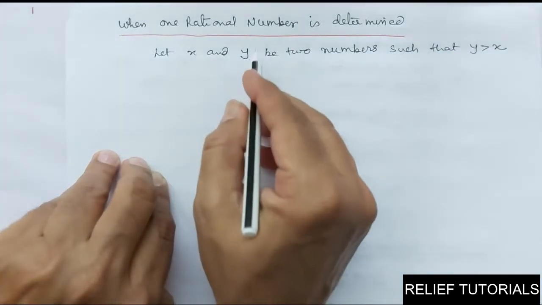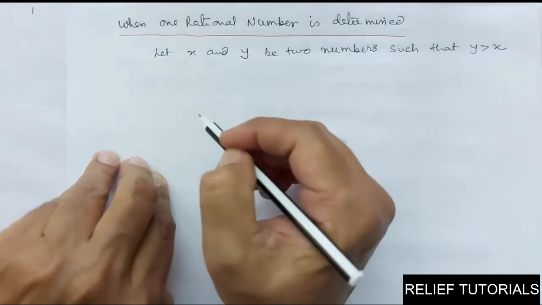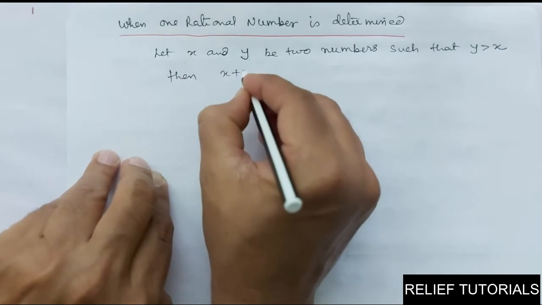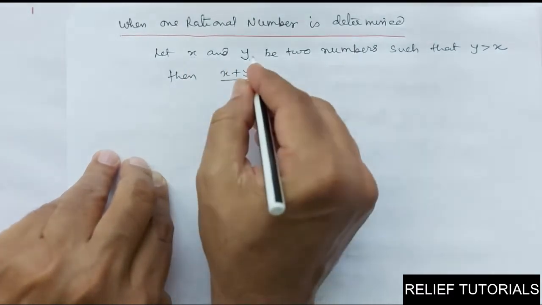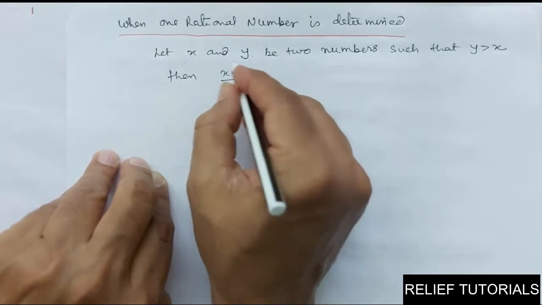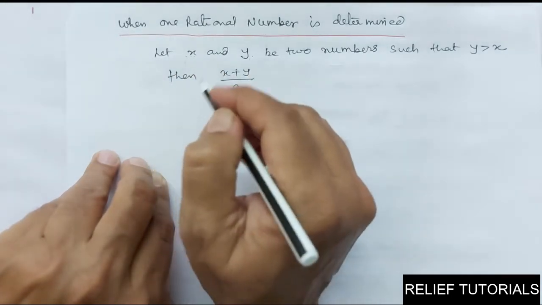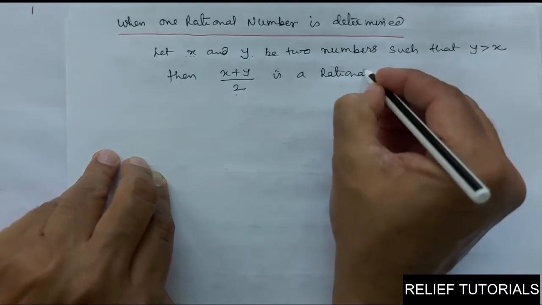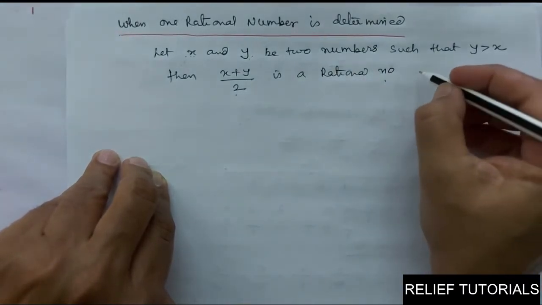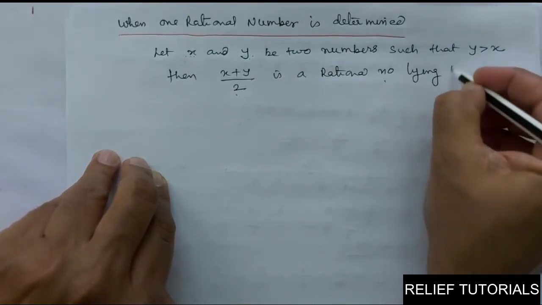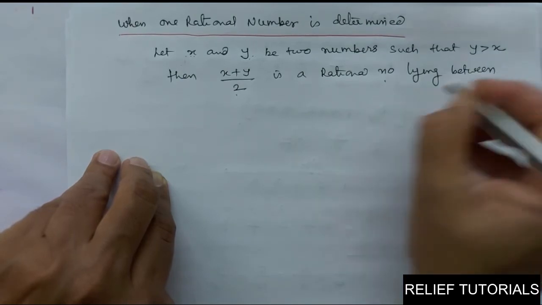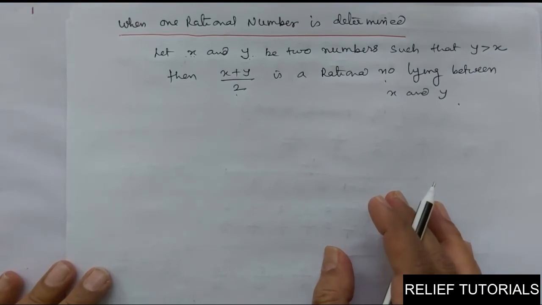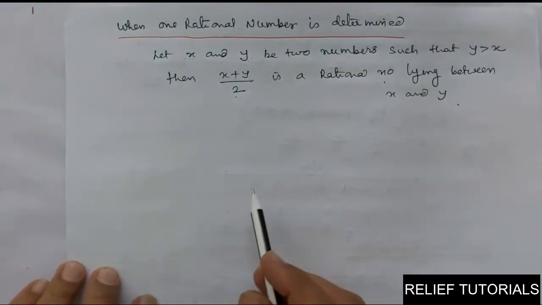X and y are two numbers, y is the bigger number, x is the smaller number. Then x plus y upon 2, the arithmetic mean of these two numbers, is a rational number lying between x and y. If you add these two numbers and divide by 2, this is called the arithmetic mean of two numbers x and y. So if you want to find any one rational number lying between two numbers, you can find it by this method.